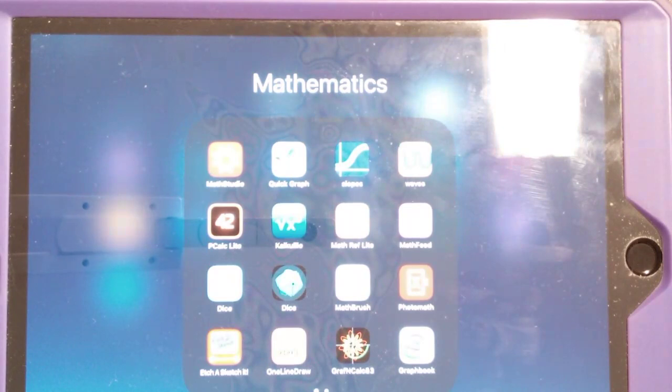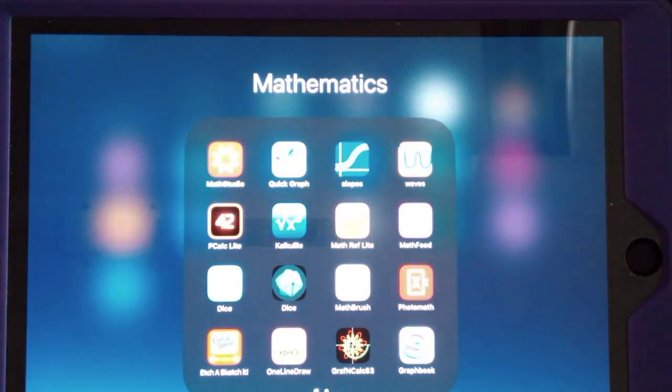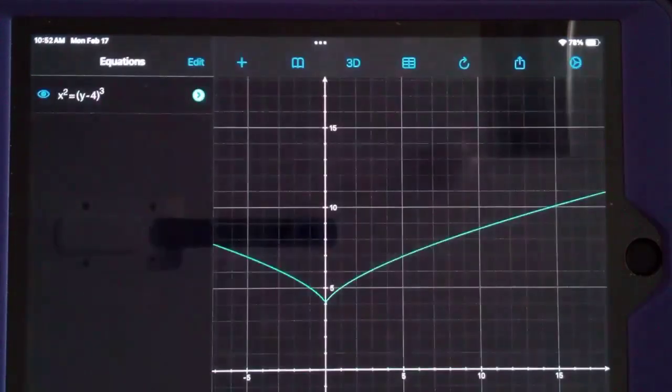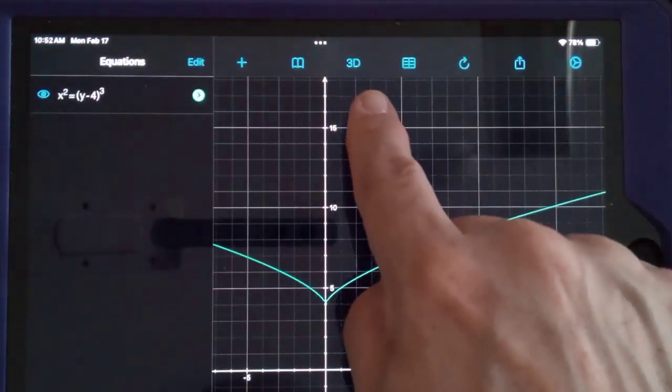Excuse me for a second. There, now you can see my screen better. Quick Graph actually allows me to do 3D graphs as well. See, there's a little thing right there that says 3D.